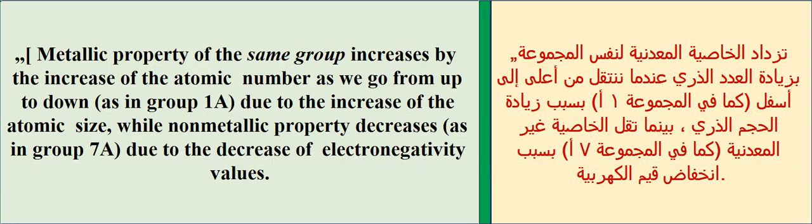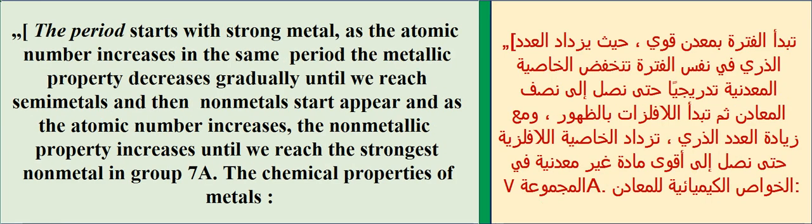Metallic property in the same group increases with the increase of the atomic number as we go from up to down, as in group 1A, due to the increase of the atomic size, while nonmetallic property decreases, as in group 7A, due to the decrease of electronegativity values. The period starts with a strong metal.